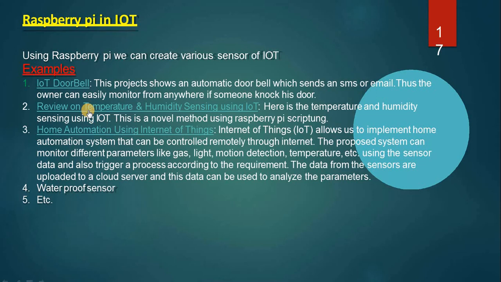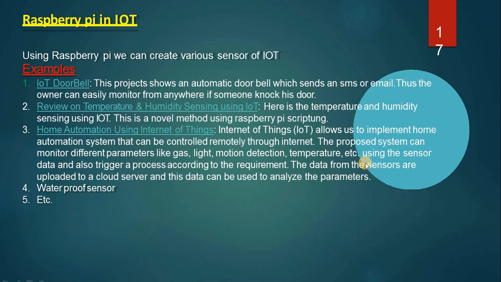Second example here is a review on temperature and humidity sensing using IoT. This is a novel method using Raspberry Pi. Third is home automation using IoT. Internet of Things allows us to implement a home automation system that can be controlled remotely through the internet.